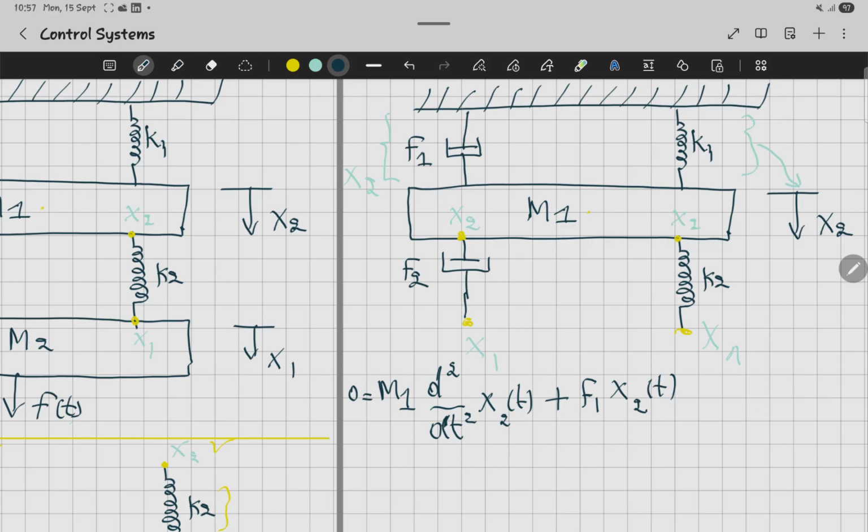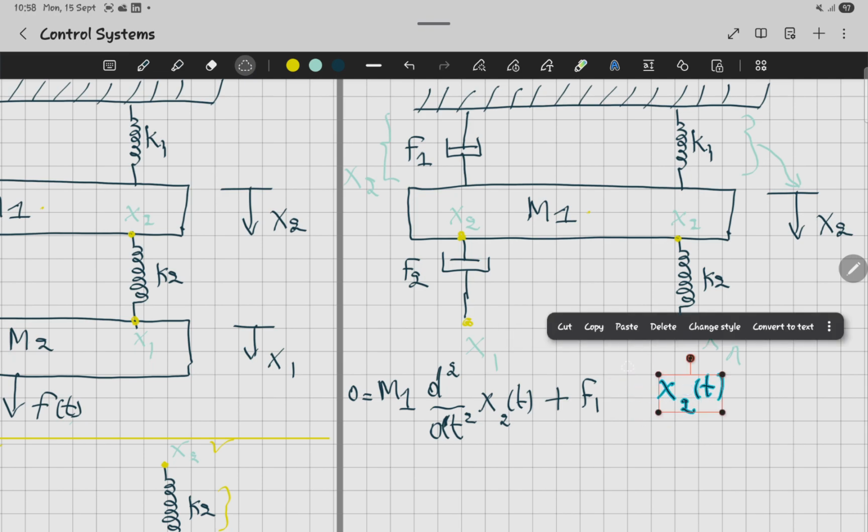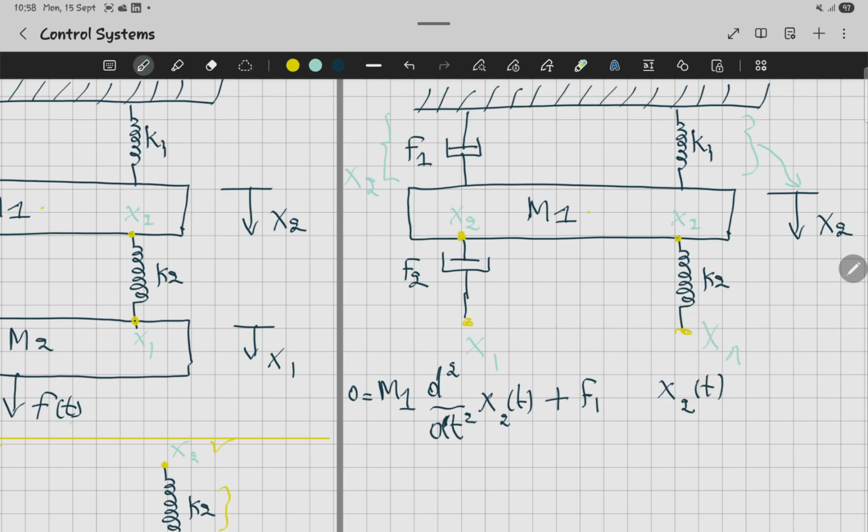Now let me go for k1. There's one thing that I forgot. I need to put this into a derivative d/dt.